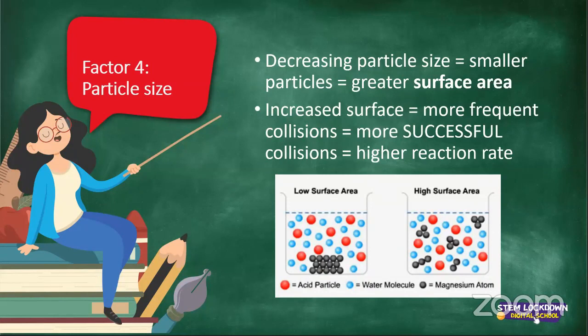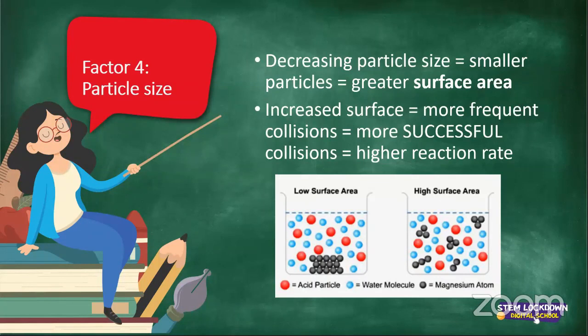When you look at the first one where you've got a low surface area, then you've got one cube and everything's trying to kind of hit that cube, but it's difficult for all the other particles to get access to it. Whereas if you've got a higher surface area, if you break that one big cube up into smaller little cubes or particles, then you've got more space for all of those particles to bump into them.